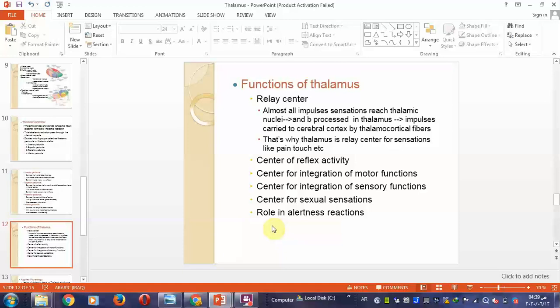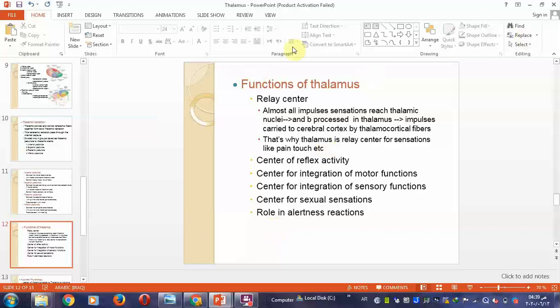It is a center for integration of the motor function and of the sensory function. After sensation enters, integration and processing occur and it reaches the somatosensory cortex. It is also a center for sexual sensation and has a role in alertness reaction.